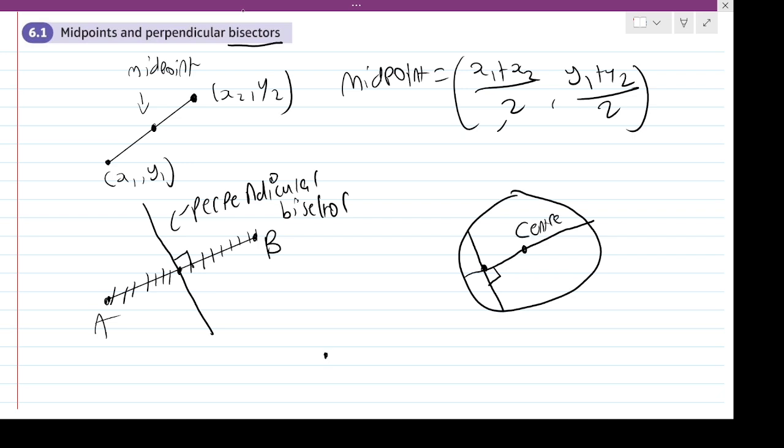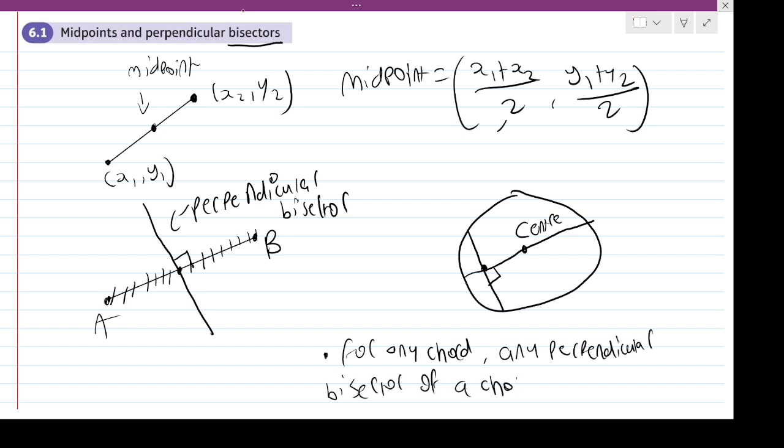So I'll make a note that for any chord in a circle, any perpendicular bisector of a chord goes through the center of the circle.